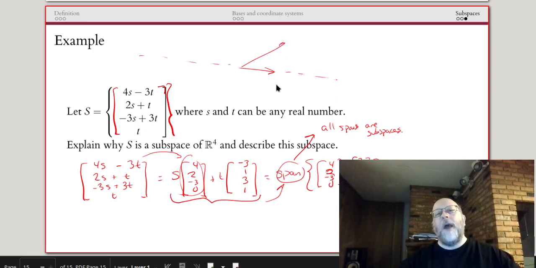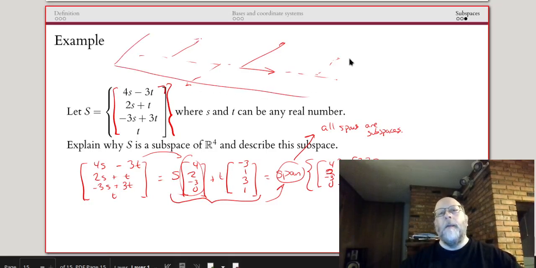And what it's saying is now I can add to any point on this line positive or negative multiples of this t vector, and that creates a plane in R4. So if I had to describe the subspace, it is a plane in R4.